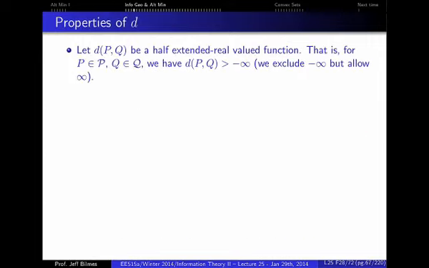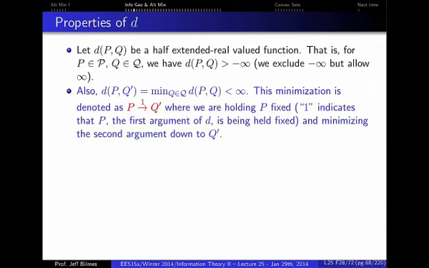That's what we need. Notice that we only need it to be half extended real, so it can include infinity. The Kullback-Leibler divergence can be infinite, right? But a Kullback-Leibler divergence is never negative. So it's a half extended real valued pairwise function.